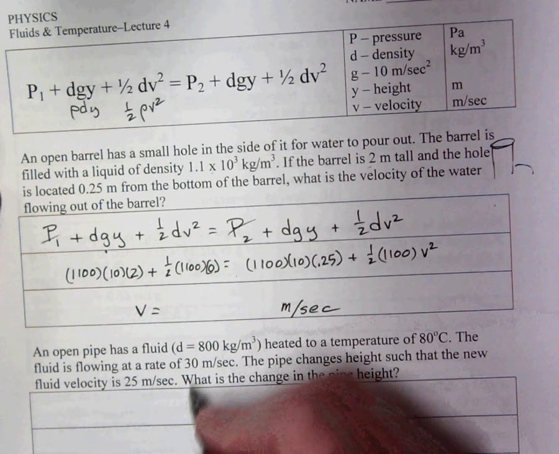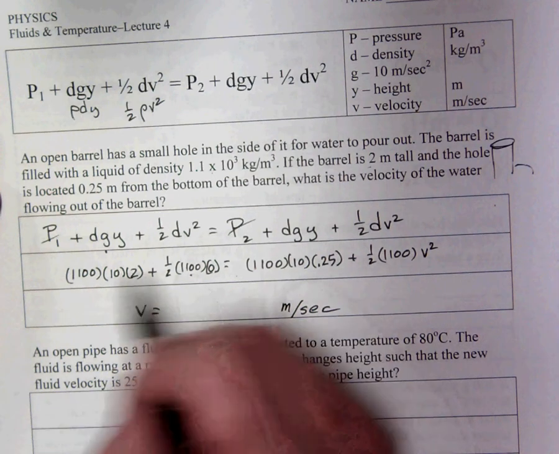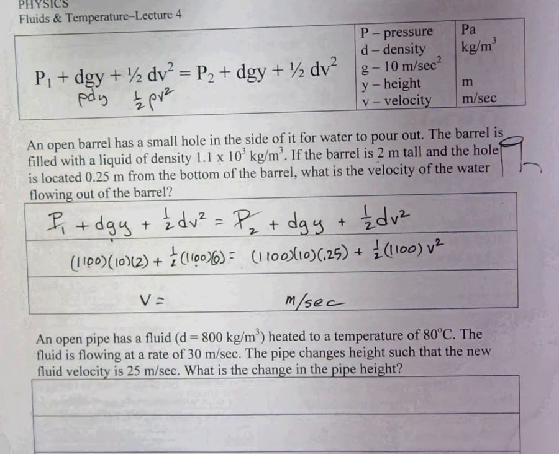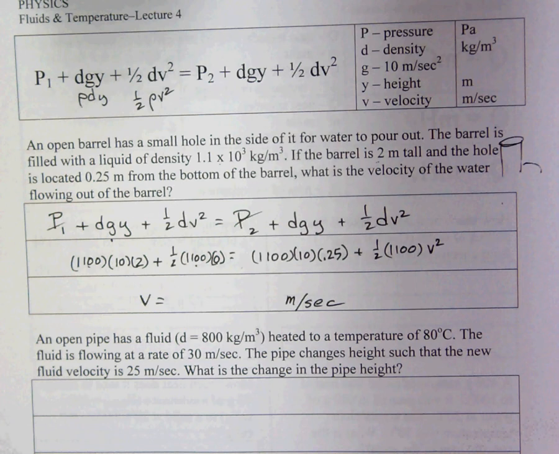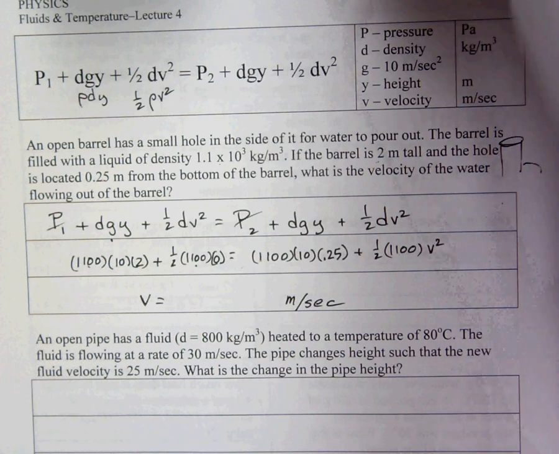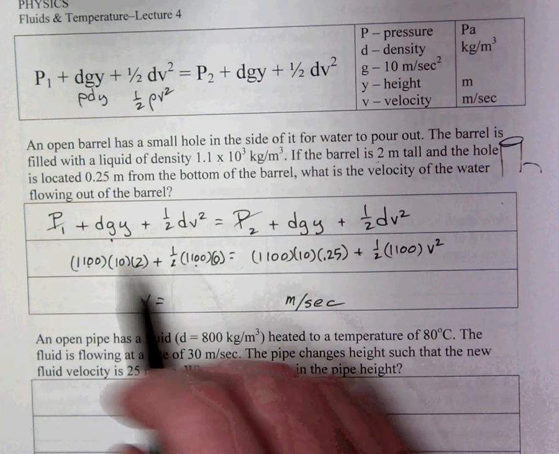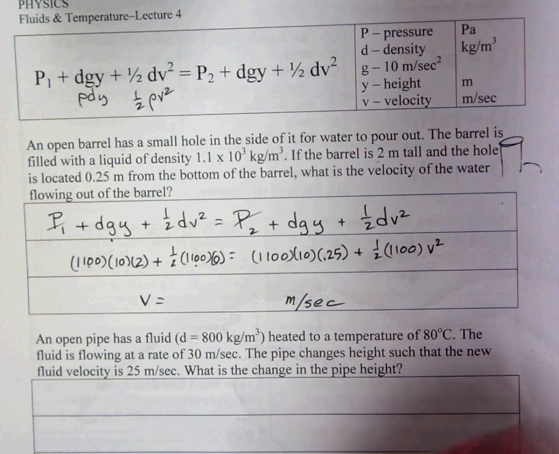You're probably thinking, okay, that's 0, no big deal. Okay, I got 1100. I don't have to do that. This almost looks like a good old conservation of energy equation. And you are exactly right, because Bernoulli deals with conservation of energy. So what you did was just make a very hard-looking problem easier.